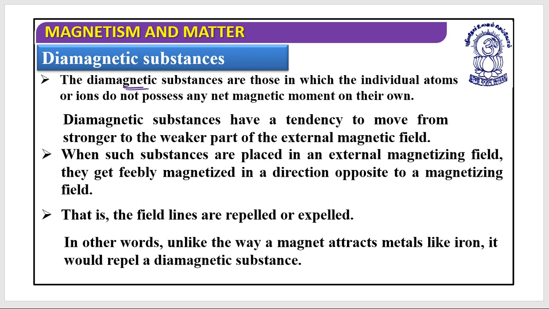The diamagnetic substances are those in which the individual atoms or ions do not possess any net magnetic moment on their own. So diamagnetic substances have a tendency to move from the stronger to the weaker part of the external magnetic field.